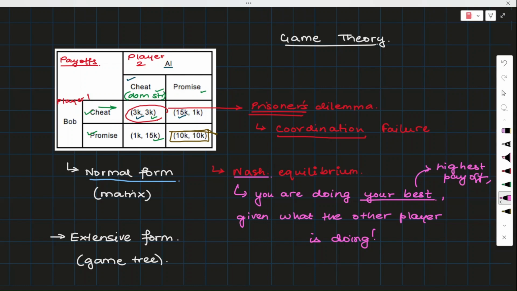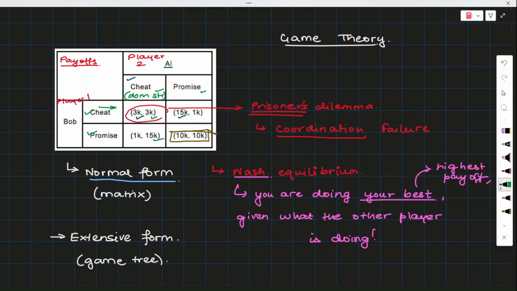If that is how Al thinks, right? Again, if we are fixing Al's perspective, then if Al cheats, Bob is better off cheating. If Al promises, Bob is better off cheating. So given what one player does, the other player is doing their best. Your best involves getting the highest payoff, and that is actually the main idea of Nash equilibrium. Every player is doing their best.